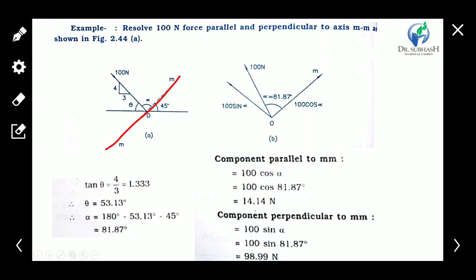If the reference axis is given, just like in this example, we have to resolve the 100 Newton force according to that axis. Otherwise, we can take the components as horizontal and vertical. In this way we resolve the force vertically and horizontally. I hope you understand very well how to resolve the force.